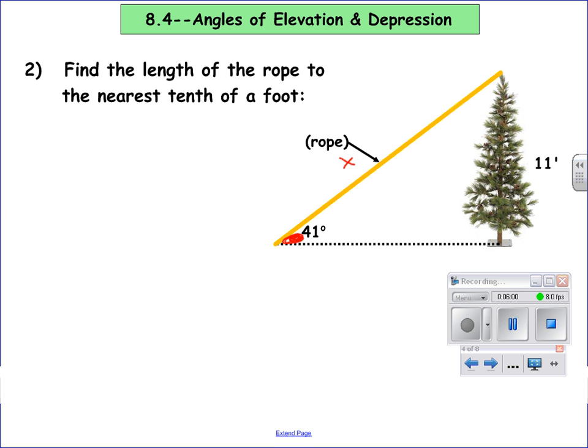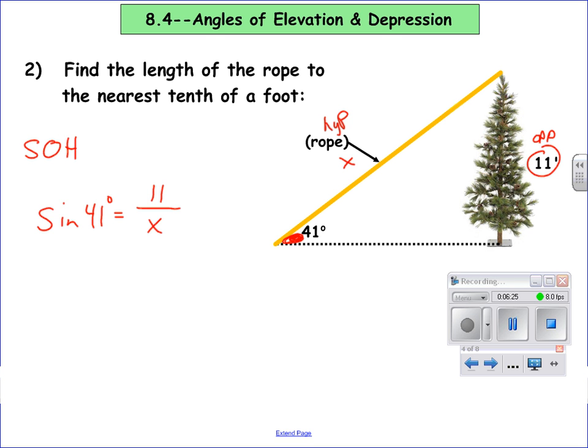So now, again, we're still doing what we do. We got opposite, hypotenuse is unknown. Opposite and hypotenuse make what, that must be the sine. So, right? So the sine of 41 equals the opposite, 11 over x.